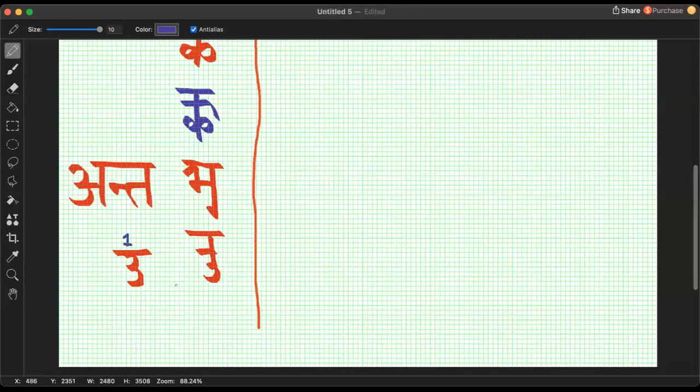When you're writing "ta", you don't completely write like this. Okay, this is not right. When you write this "n", after you write "n", the upper portion of the "ta", you will just leave it like that and just blend it inside this alphabet.